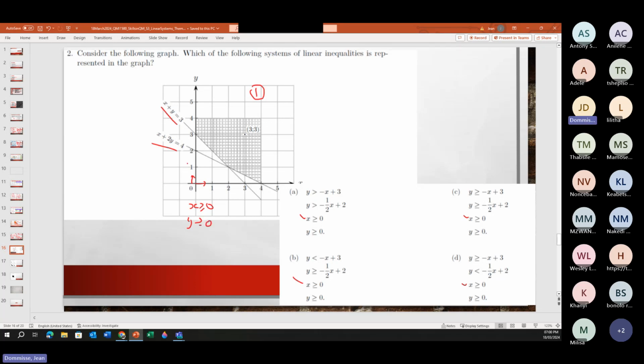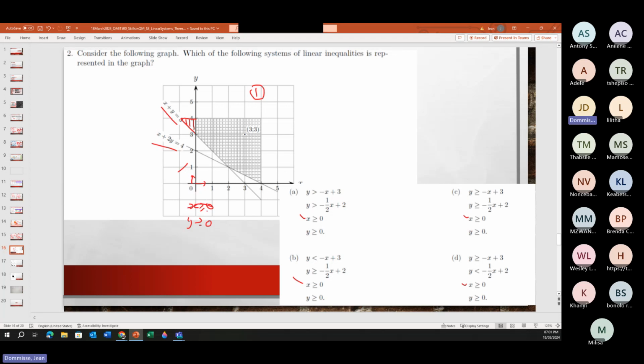If that feasibility area was, let's say, something like that, then it would still have been y bigger or equal to 0 because it still lies in the top part of the graph, but your x would have been different because now your x can be smaller than 0 as well.